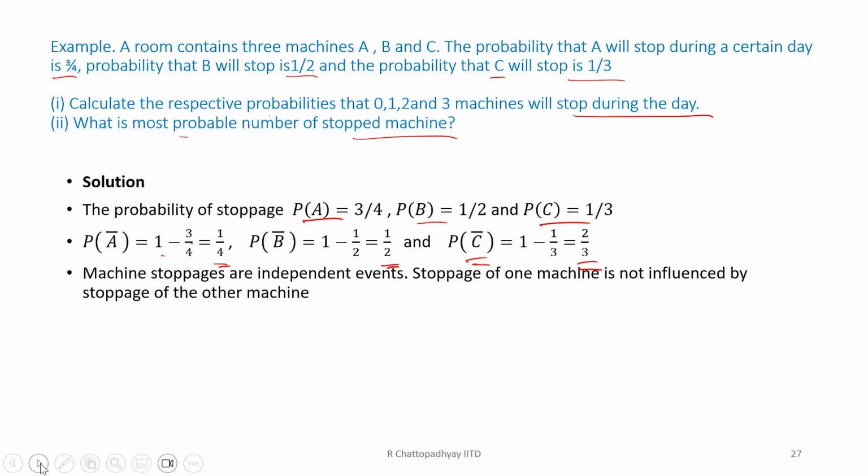Machine stoppages are independent events. Stoppage of one machine is not influenced by the stoppage of the other machines, because they are not interconnected in any way.